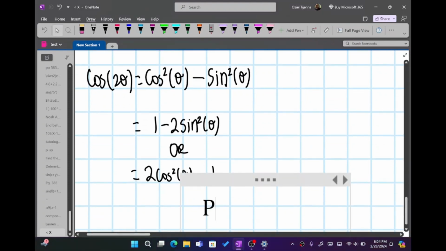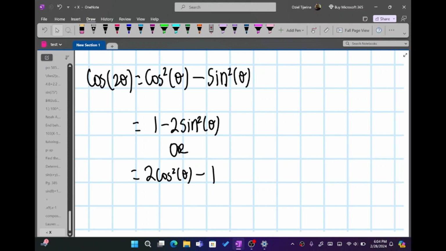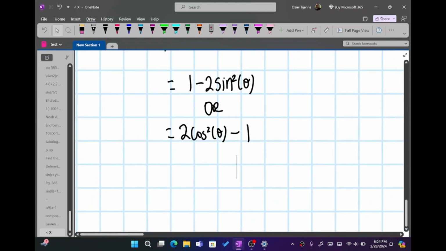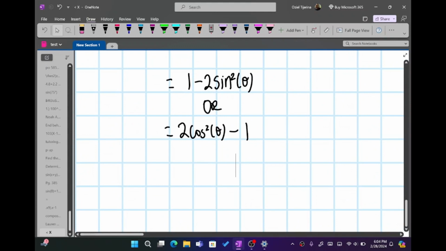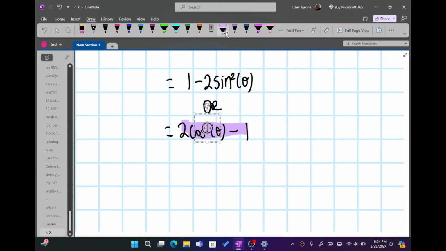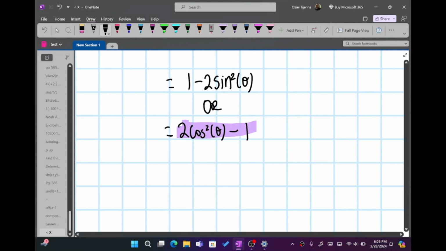Okay, guys, these are the basic 3 of them that we can do. It doesn't matter which one you choose. Sometimes it's better to do one, sometimes it's better to do the other. But, yeah, so here, we can just go ahead and use either one of these. So let's just use the second one, or let's use this one. So again, we know that, or no, I'm sorry. Let's use the first one.